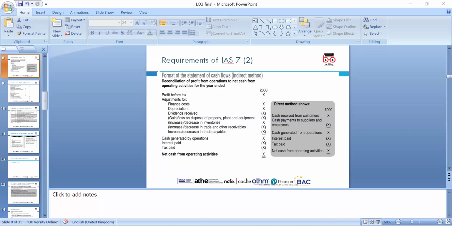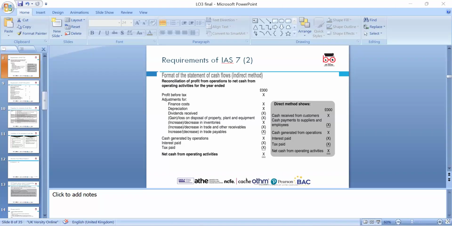Then you go to investing activities: purchase of assets, plant and equipment. From last year to this year, look at what changes happened in the non-current assets. If you sold any non-current assets, the proceeds increase the cash. And the interest received, if you invested money in other companies; you can look at last year's and this year's figures. Dividend received, and then you add them all, and it either increases or decreases the cash under the investing activity.